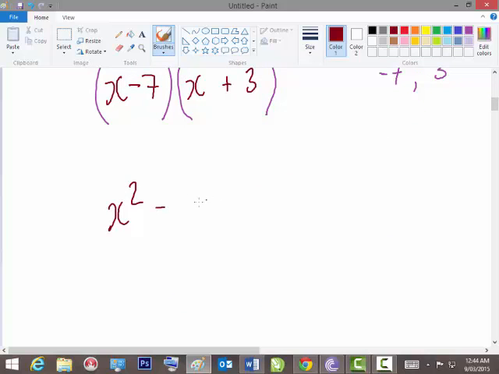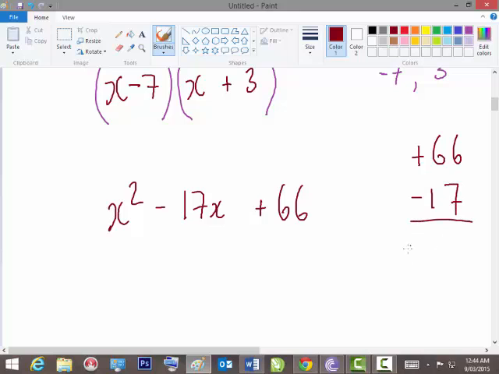X squared minus 17x plus 66. I mean, straight away you can sort of see what the answer is going to be. So 11 and 6. 11 times 6 gives me 66. One of them has to be negative. Actually, in this case, both of them have to be negative, because negative 11 times negative 6 gives me a positive 66, right?